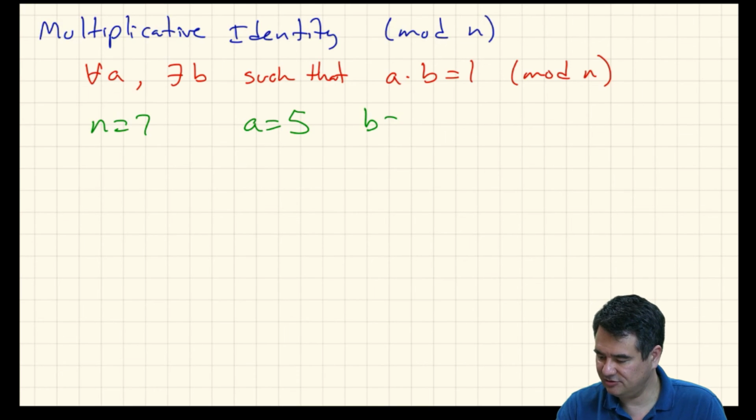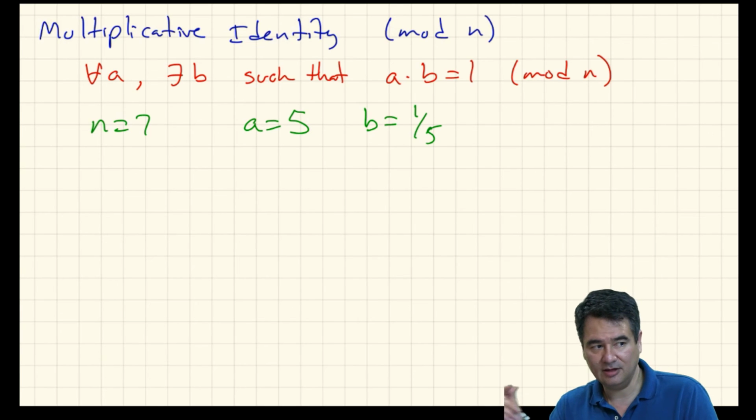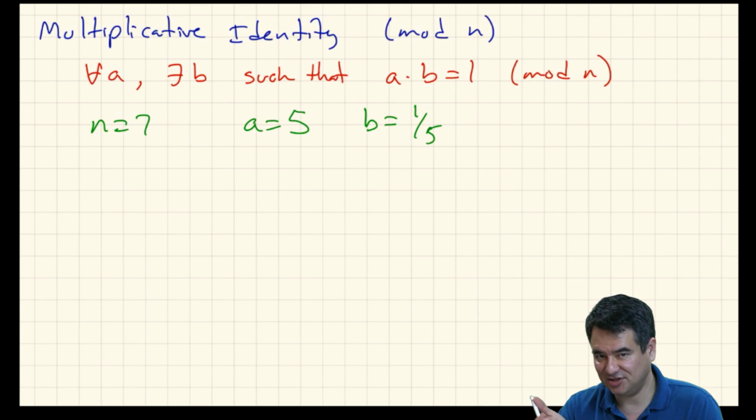What we're trying to do is find a value for b such that when we multiply them together, we get 1. You're thinking, well, that's easy, it's just 1/5. But we're just talking about integers here, so 1/5 is not an integer. This is not what we're looking for. We're looking for an integer that when multiplied by 5 gets you 1. So then you got to think about how we are going to do this.